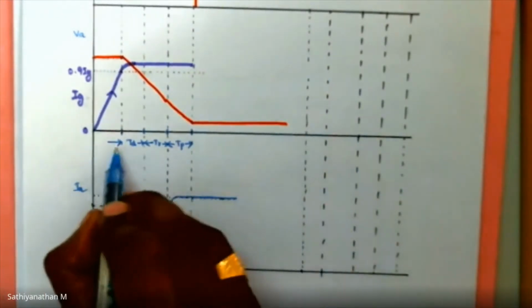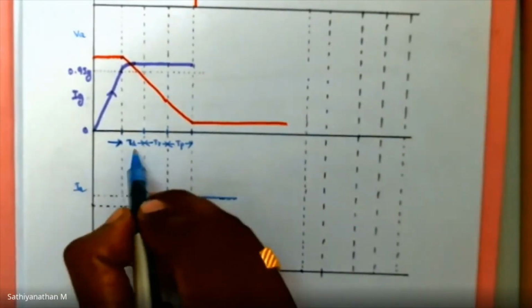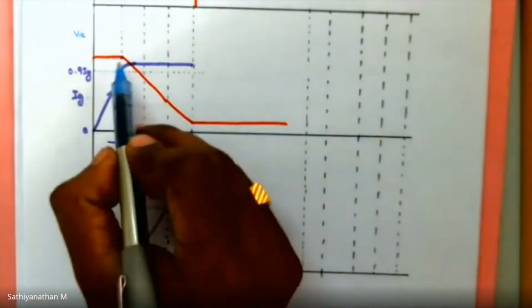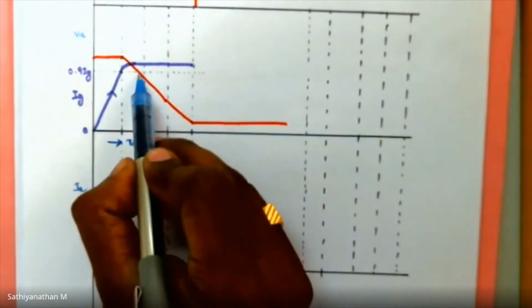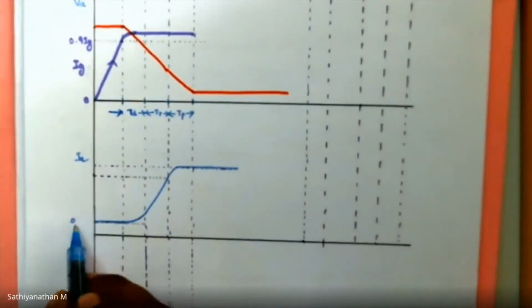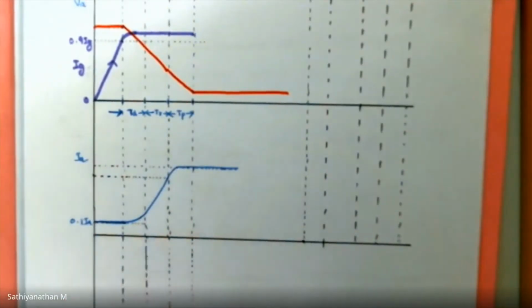This time period is called delay time. During delay time, your anode voltage falls from the maximum to 0.9 times, and your anode current is maintained and reaches 0.1 times of IA.